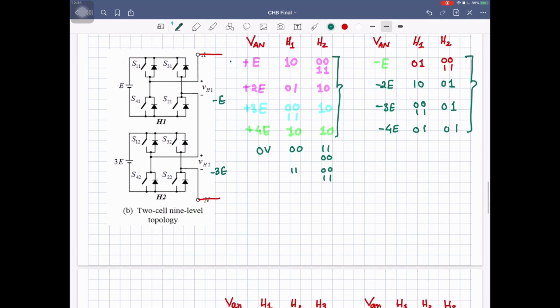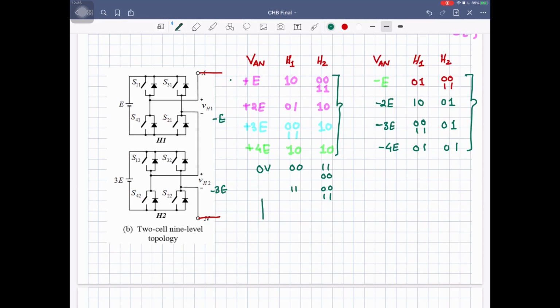If I sketch the voltage waveform that we can get at the output, how many levels will it have? 4 levels on the positive side. Let's start from 0 volt, then plus E, plus 2E, plus 3E, plus 4E, plus 3E, plus 2E, plus E, and then 0, and similarly in the negative cycle we can construct the waveform like this.